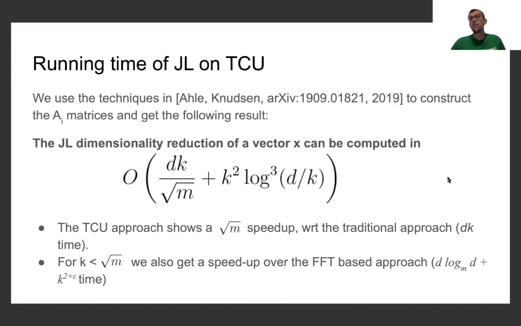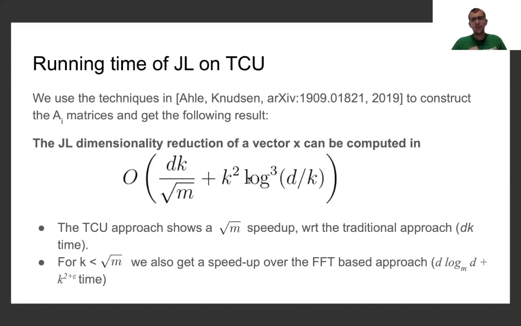So now the question is, how do we construct this sequence of matrices? Well, we use a recent approach by Ahle and Knudsen that you can find on arXiv from last year. Using this result, and of course the Tensor Core units, we get this upper bound: big O of d over k, remember that k is the size of the space where we project, divided by square root of m, plus k squared times a logarithmic term.